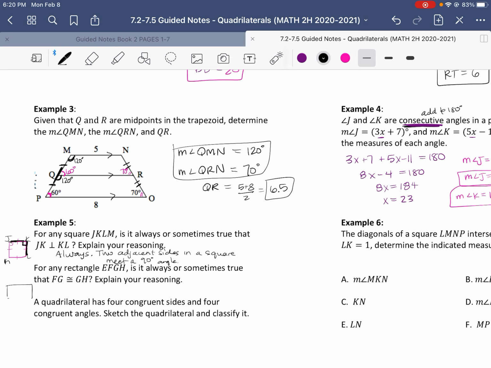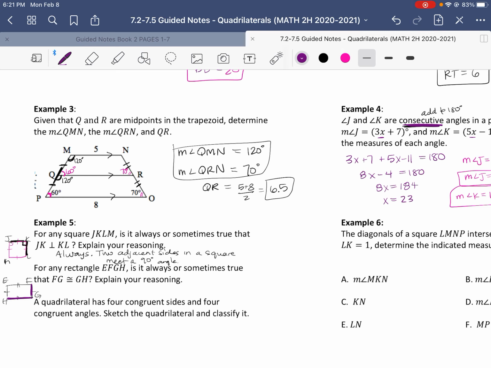Next one, for any rectangle EFGH, so again I'm going to draw a little rectangle EFGH just to get a handle on what we're looking at here. Is it always or sometimes true that FG, so here's my FG side, is congruent to GH? So looking at the diagram I just drew, hopefully we conclude that it's not always true, but it can be true, right?